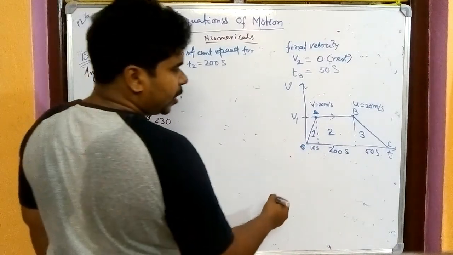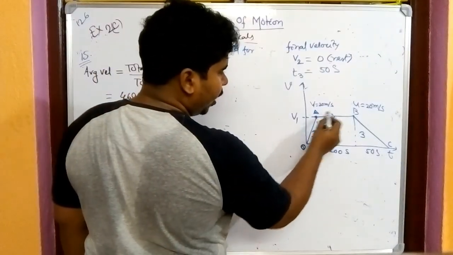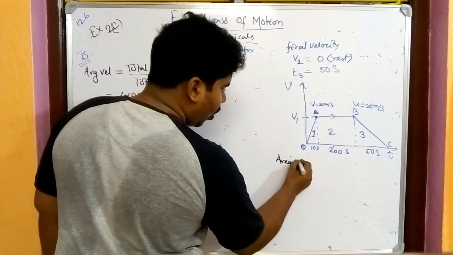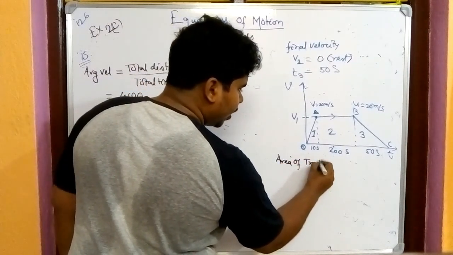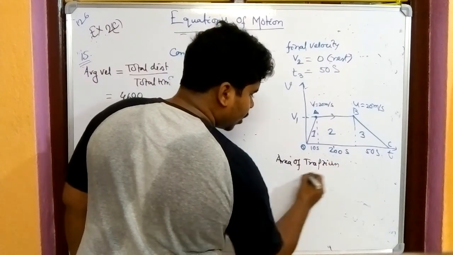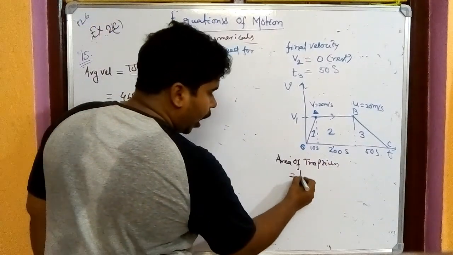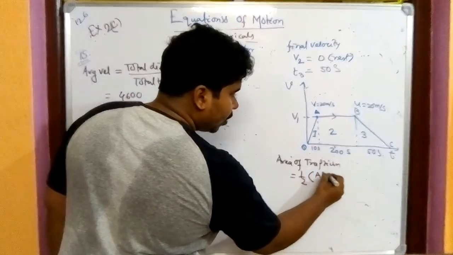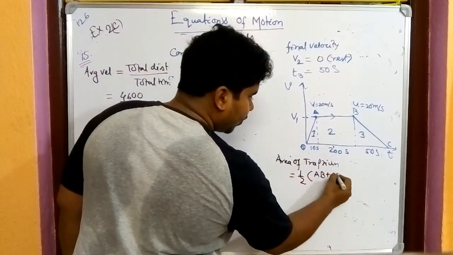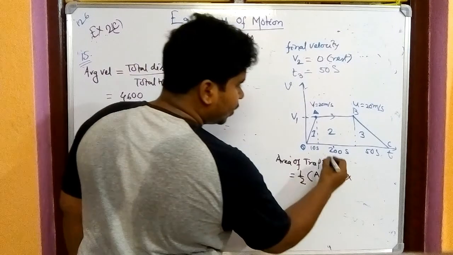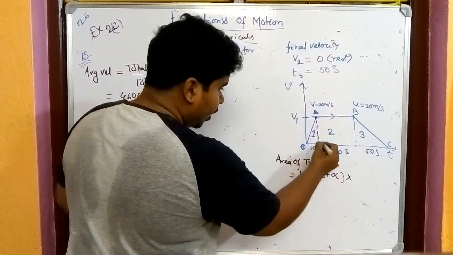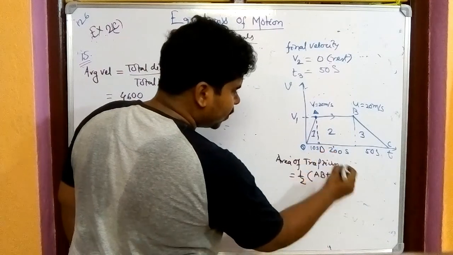If I name it A, B and OC, the area of a trapezium is half of the sum of the two sides, that is AB plus OC, into the height.